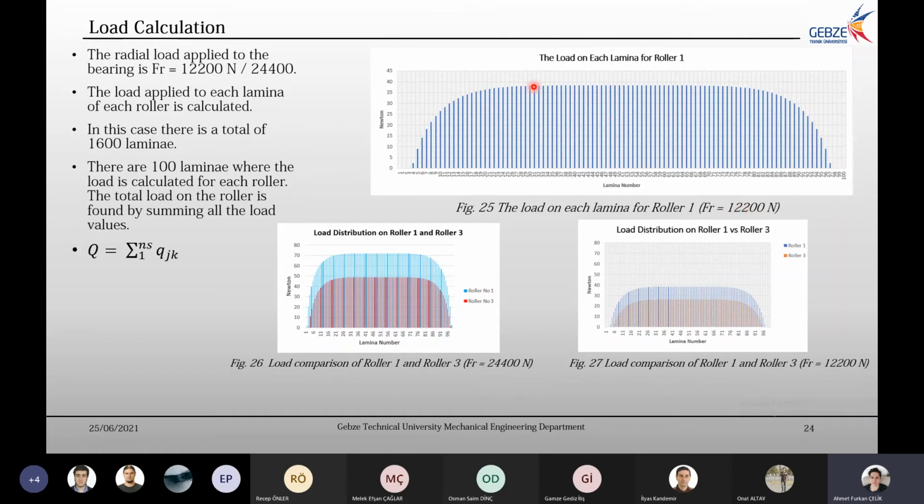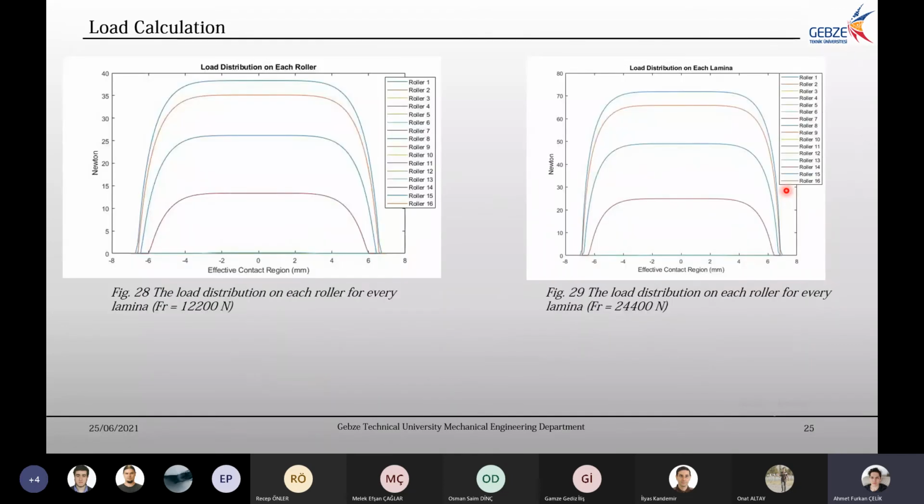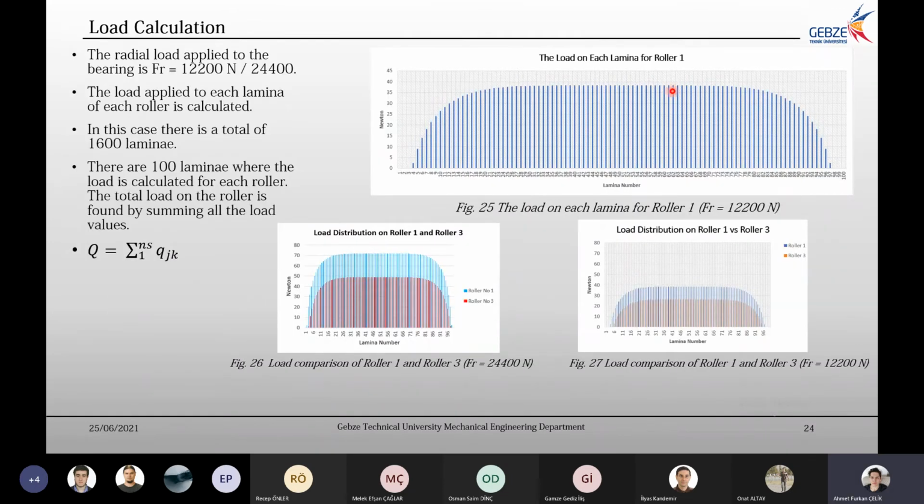I have a load distribution like this. These are all the loads in each lamina. So 1 to 100, I've divided the profile into 100 laminas, and all laminas have their own loading. And then I just need to sum them up to find the total load on the roller. And I have some comparisons here at different radial loads.